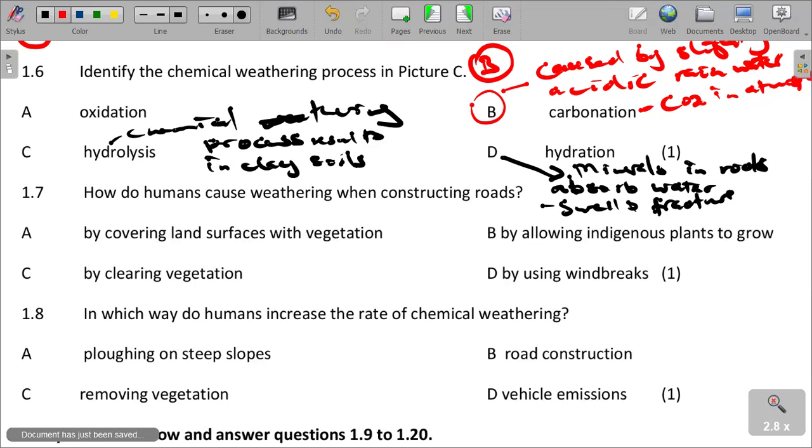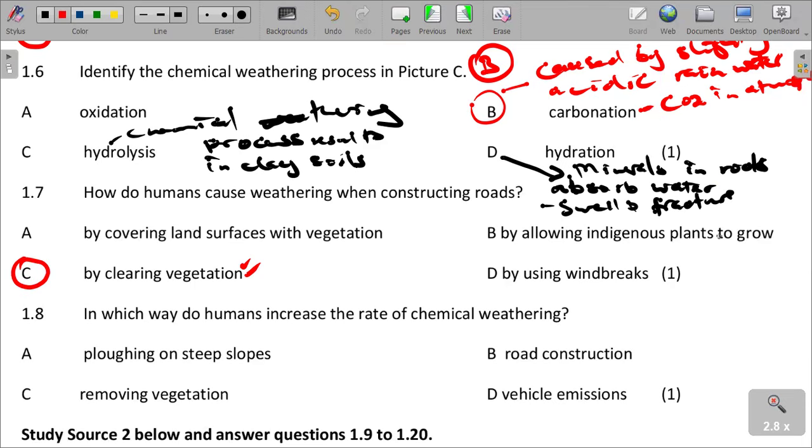This is caused by clearing vegetation. We cannot say using windbreaks, because windbreaks reduce soil erosion but have nothing to do with weathering.